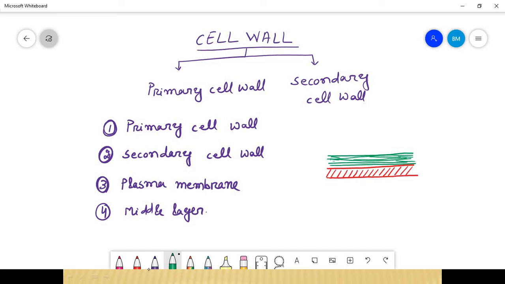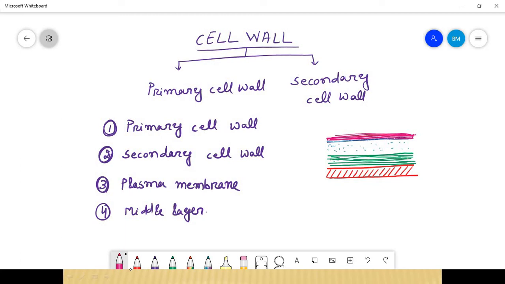This is the secondary cell wall, and at the secondary cell wall, this is the primary one. Above the primary cell wall, there is the middle lamella. I'm just using another color here, this pink color. This is the middle lamella, which acts as a glue.